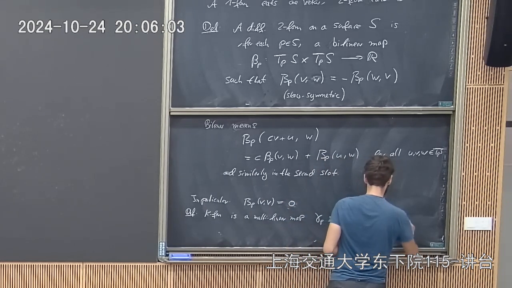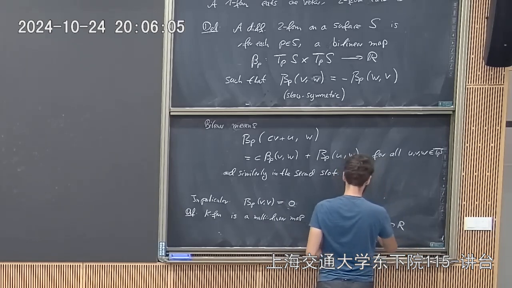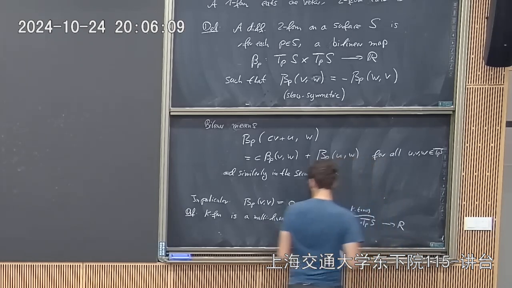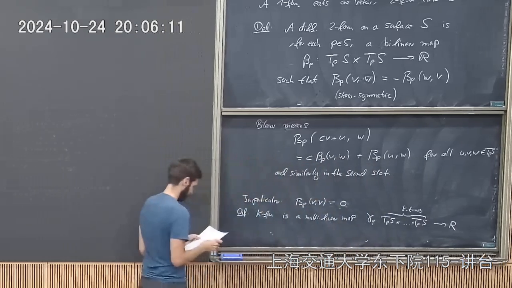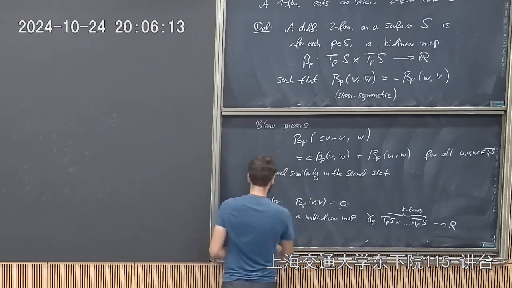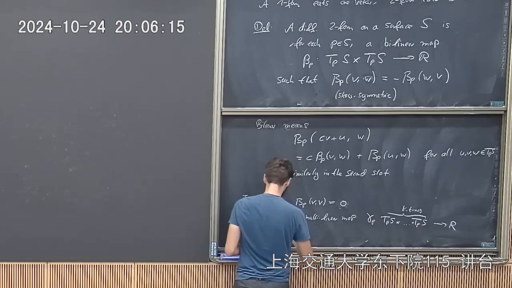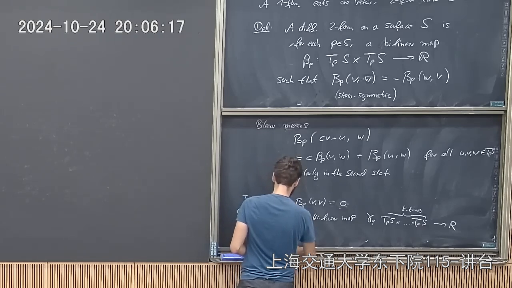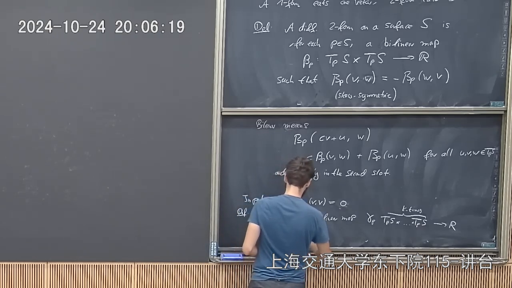It gives you some number. And that is pairwise skew symmetric.